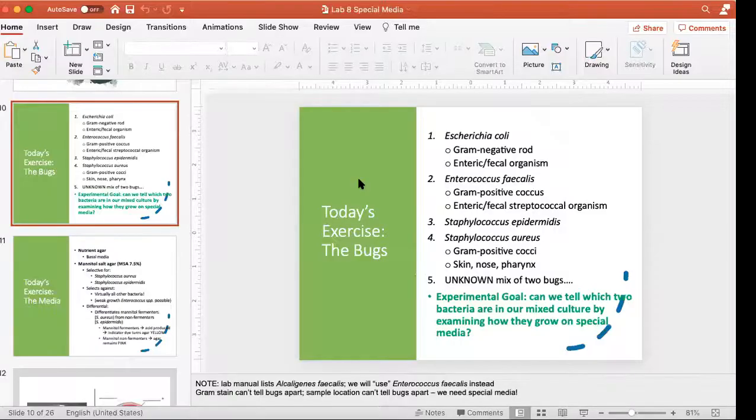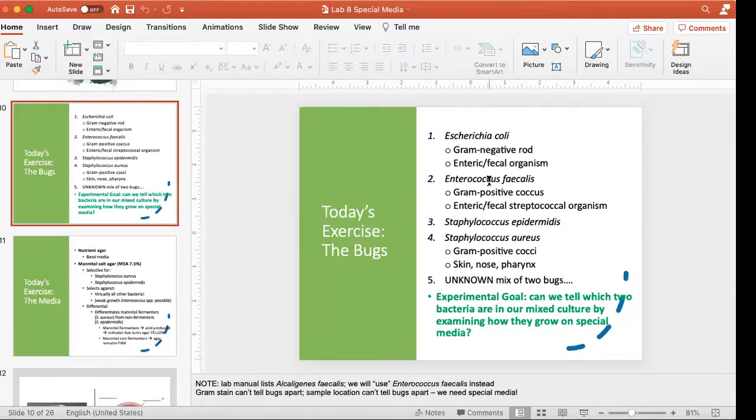All right. So the last time we were together, we were talking about special media. And what you should be looking at now is the slide from last time that says today's exercise, and the bugs we're using, the bacteria we're using. There's information on this slide about 4 different bacterial organisms: E. coli, Enterococcus faecalis, Staphylococcus epidermidis, and Staphylococcus aureus.